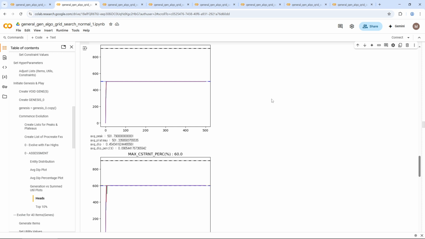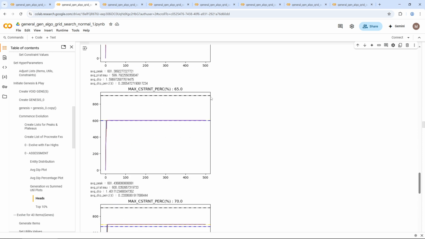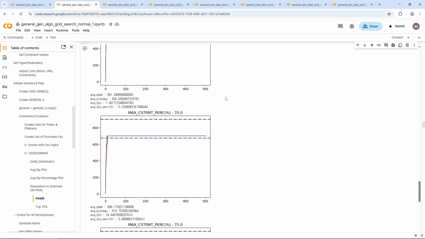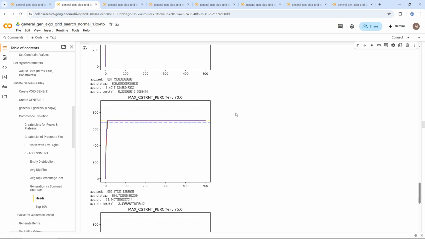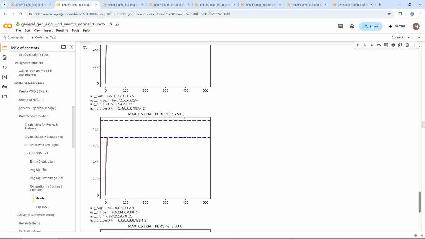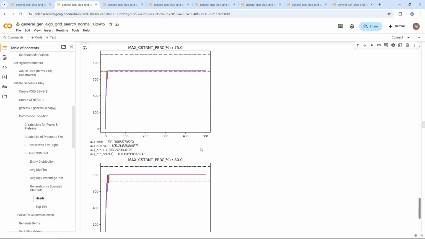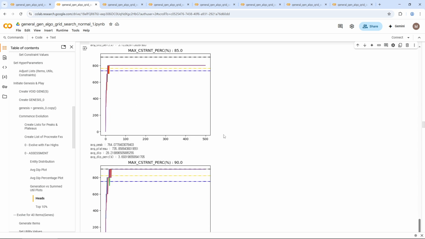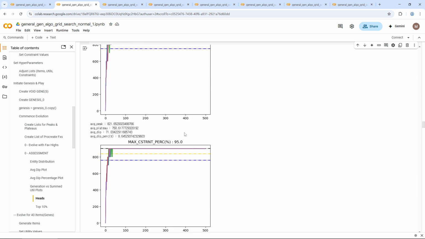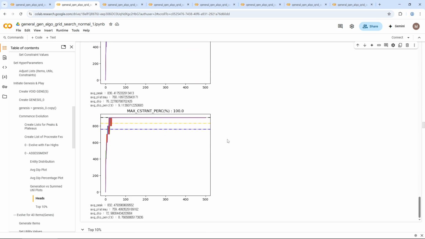So just keep that in mind. So the black dashed dotted line is the maximum ever, and you'll see that as the maximum constraint percentage goes up, the plots actually start going higher and closer and closer to the black line. And at 75, 80, 85, 90, 95, 100.